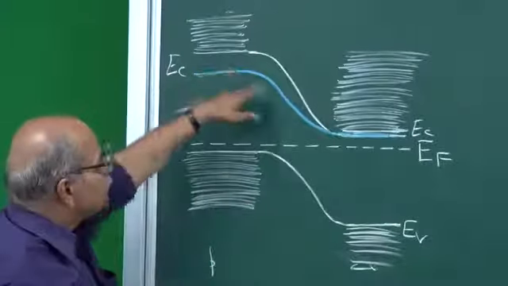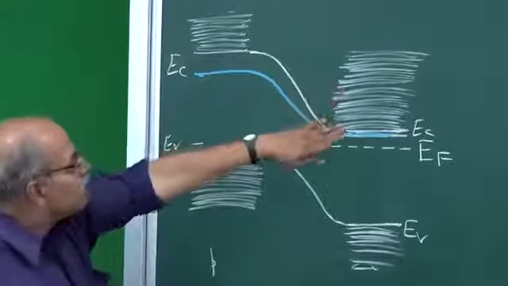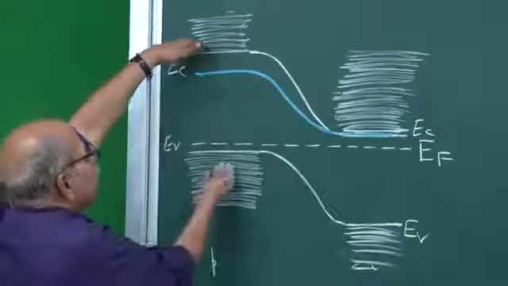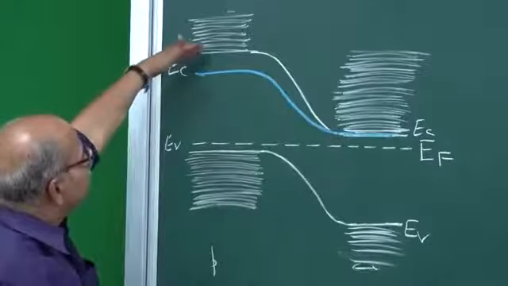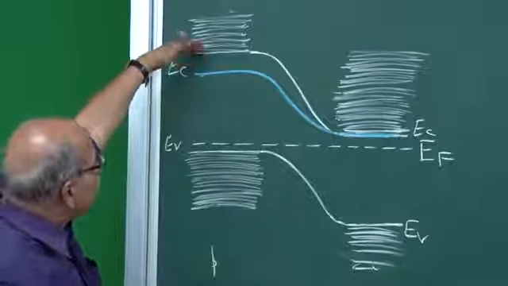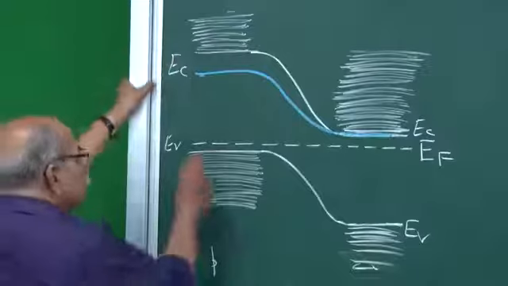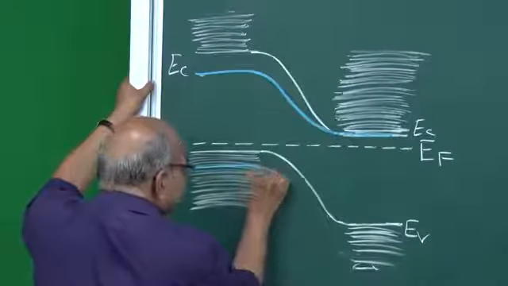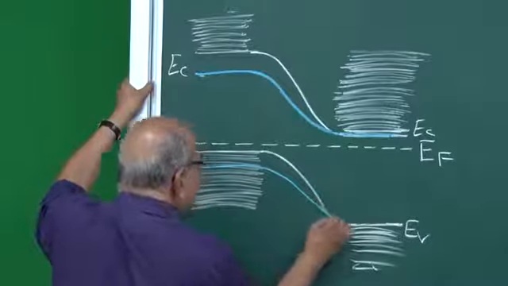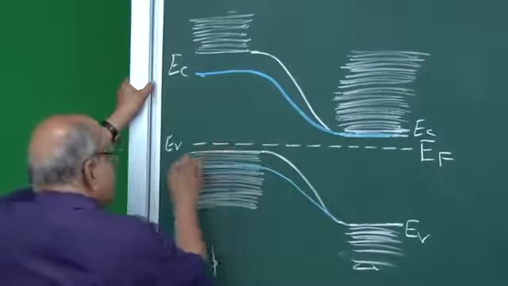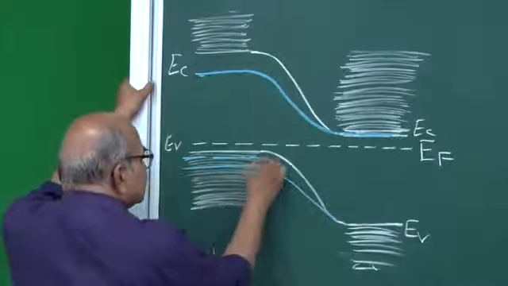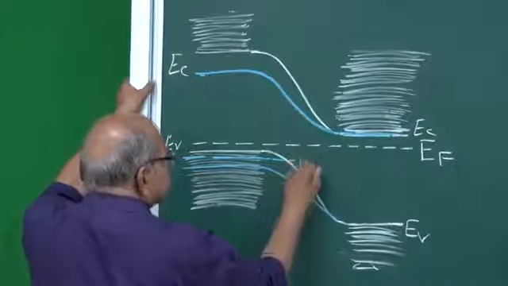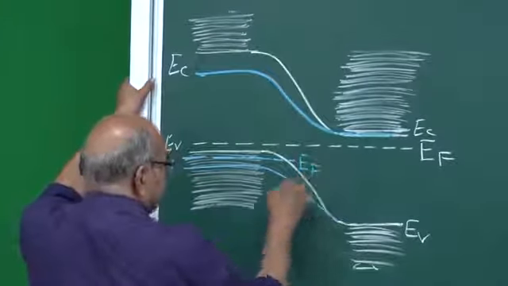So by applying a voltage which is presumably small as compared to this, your new EC comes here, your new EV comes here. And the Fermi level also comes down. Here is the new Fermi level for P side.